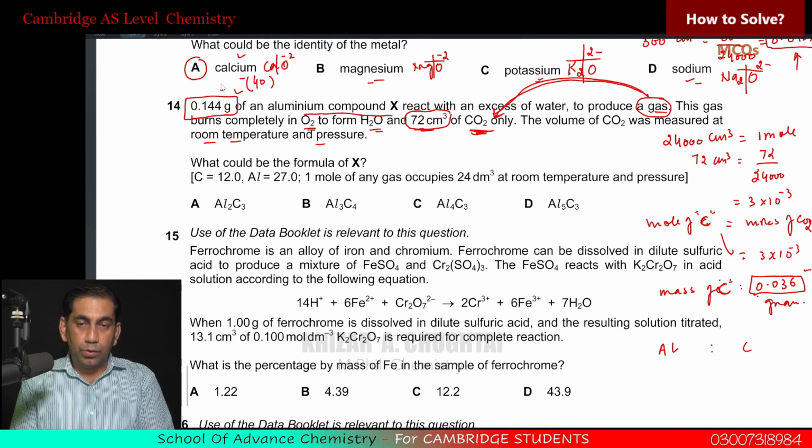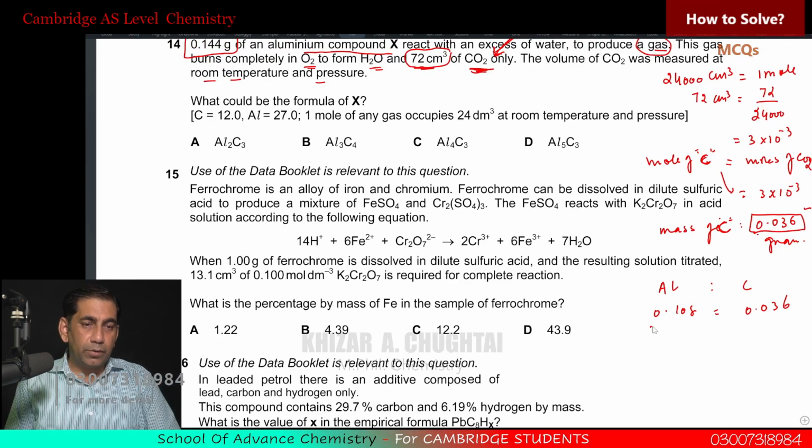0.144 minus 0.036, and the answer is 0.108. Now I'm going to apply the step of empirical formula, and I'm dividing it by 27, its AR, and dividing the carbon mass by 12.